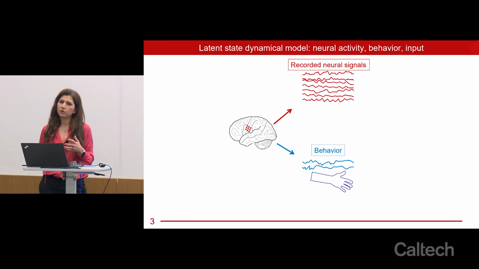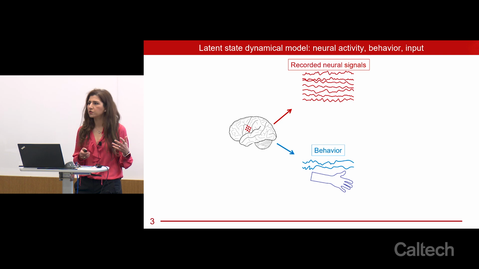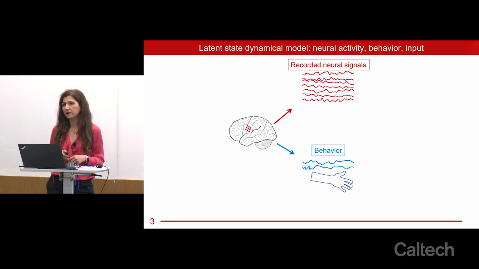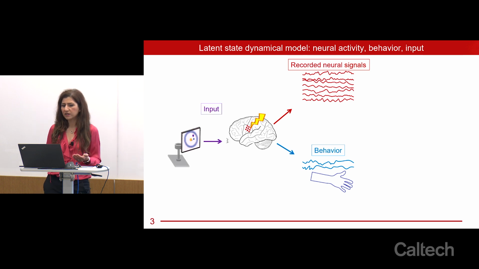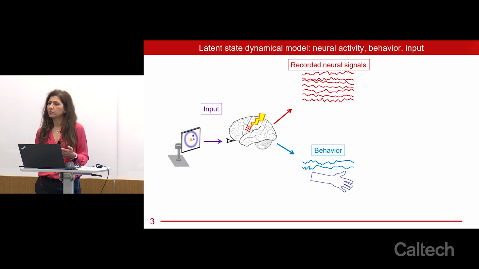First, I'm going to talk about how we can also incorporate behavior measurements when we are training these dynamical system models. Then I'm going to talk about inputs, whether it's neurostimulation input or sensory input, and how we can incorporate that effect and why that is important to do.